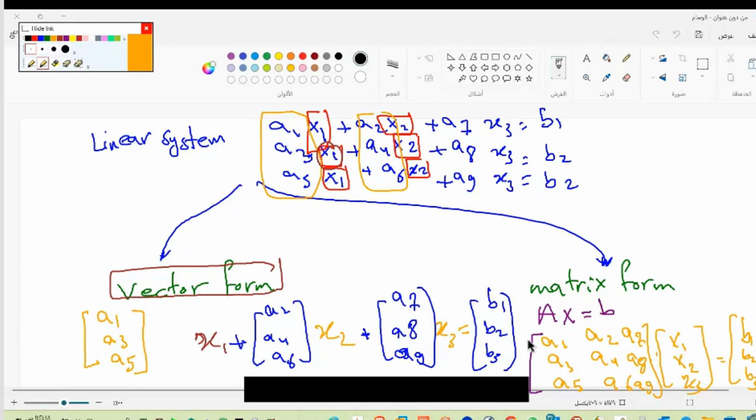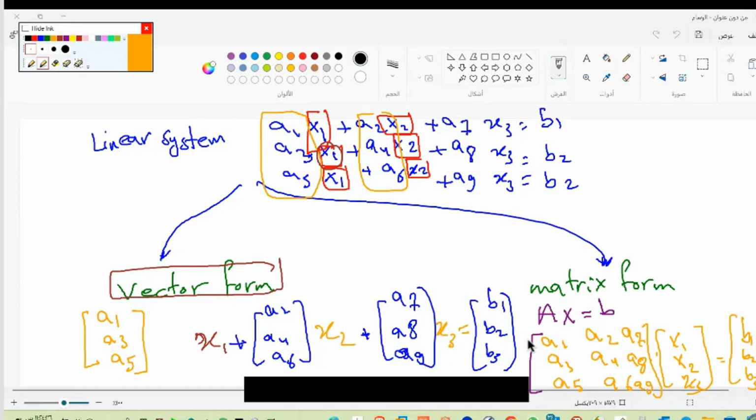So if I have three variables, I have three equations. As you see here, we are just changing the form. In vector form, we have A1, A2, A3 in a vector, for example, and the next in another vector.